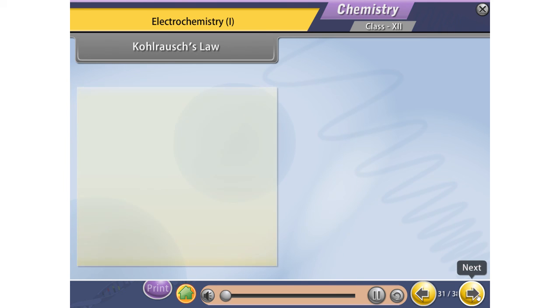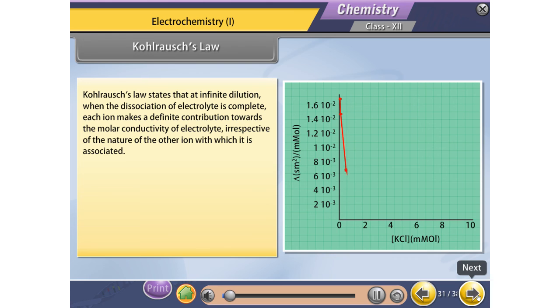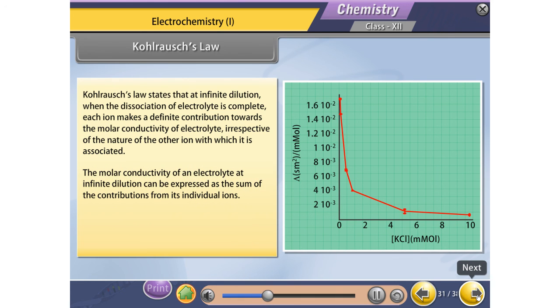Kohlrausch's law. Kohlrausch's law states that at infinite dilution, when the dissociation of the electrolyte is complete, each ion makes a definite contribution towards the molar conductivity of the electrolyte, irrespective of the nature of the other ion with which it is associated. The molar conductivity of an electrolyte at infinite dilution can be expressed as the sum of the contributions from its individual ions.